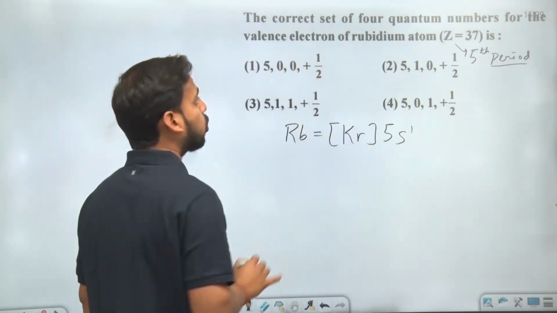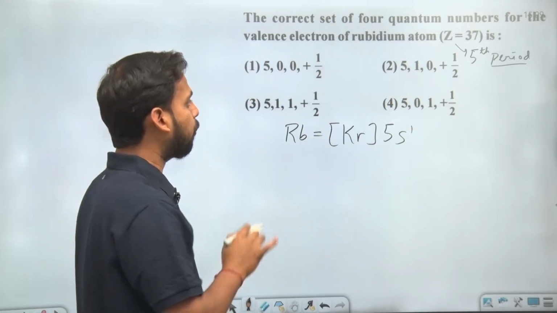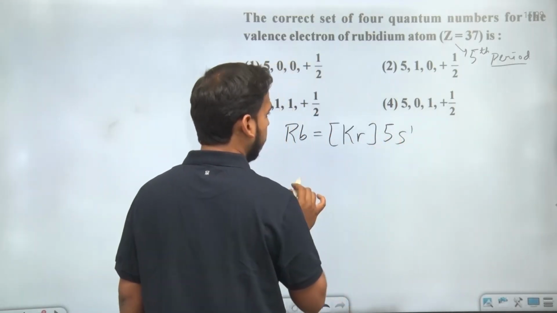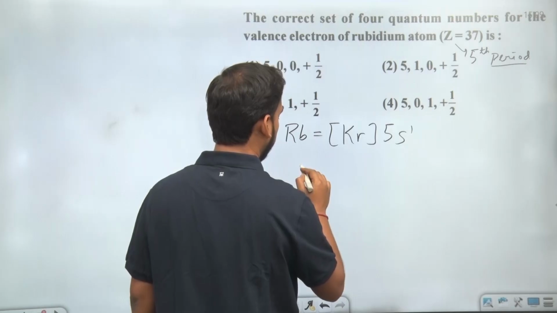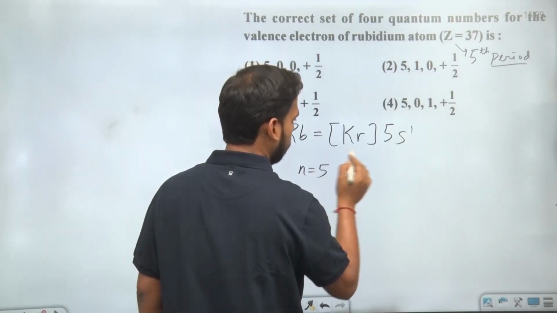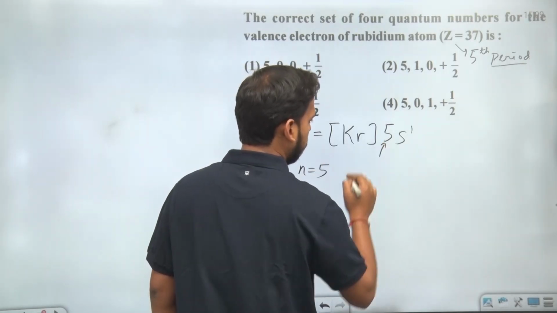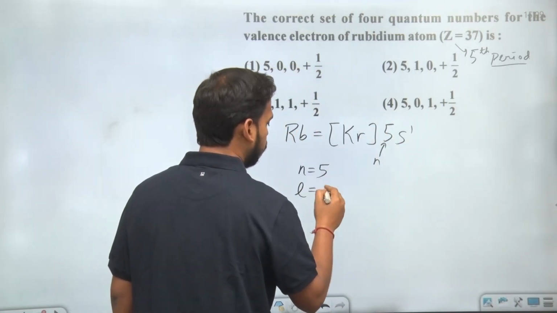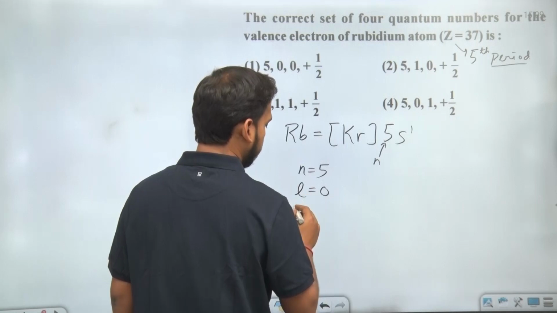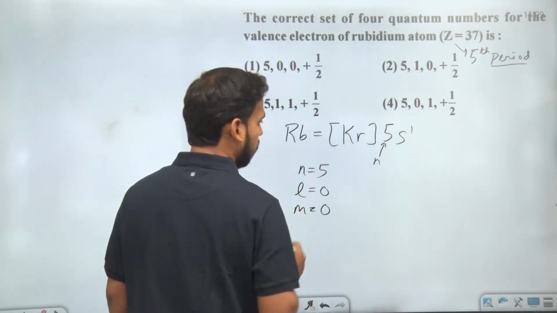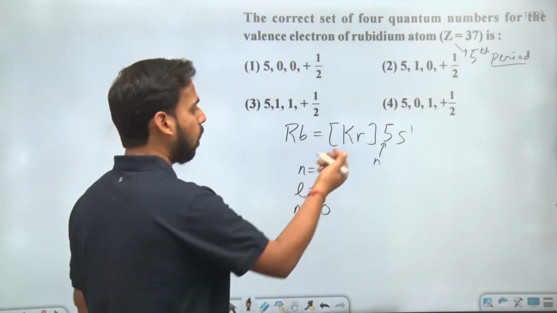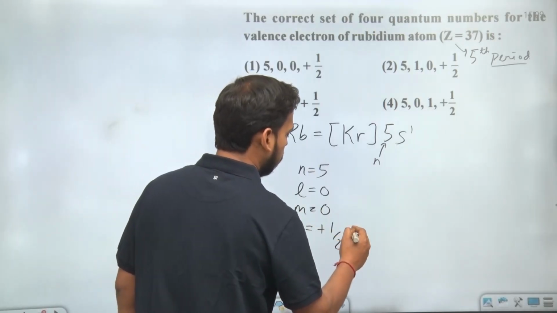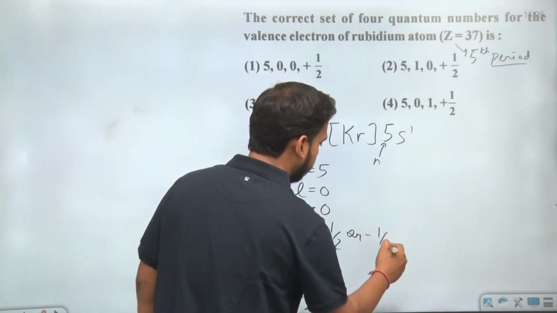It asks about the quantum numbers of the valence electron of rubidium. For 5s1, the value of n equals 5. For the s subshell, L equals 0 and m equals 0, and s having 1 electron, the spin will be plus 1 by 2 or minus 1 by 2.